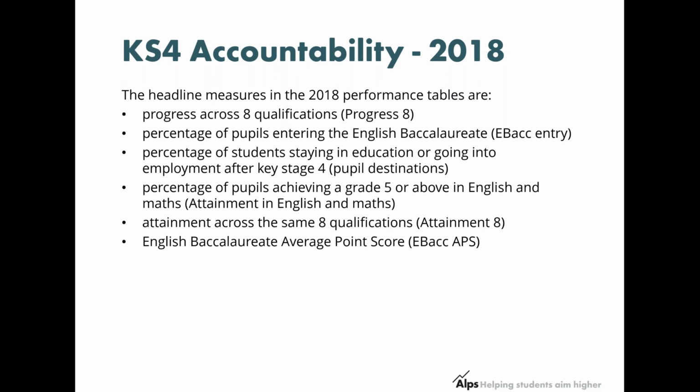Because headline measures change, but also because that Alps philosophy is students at the heart of it. And if they're making good progress, then your subject progress indicators will be strong, and therefore so will your strategic indicators. So there is a progress measure that nods to Progress 8. I'm going to talk about that later, but it's not a Progress 8 number.